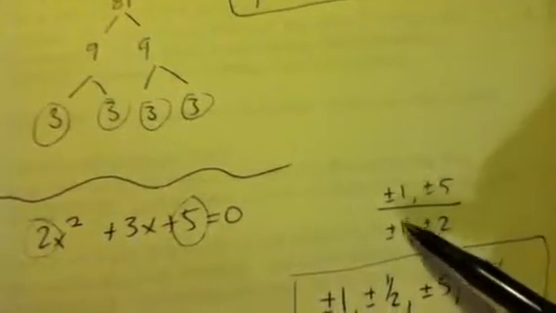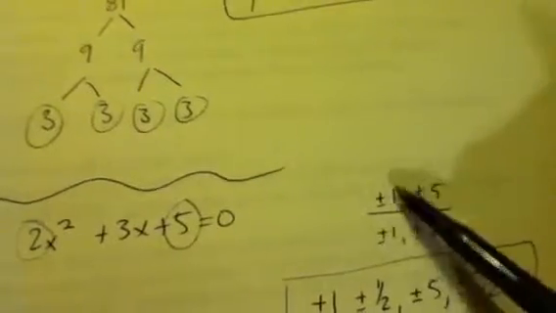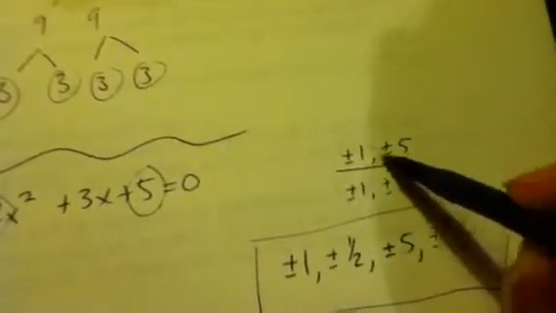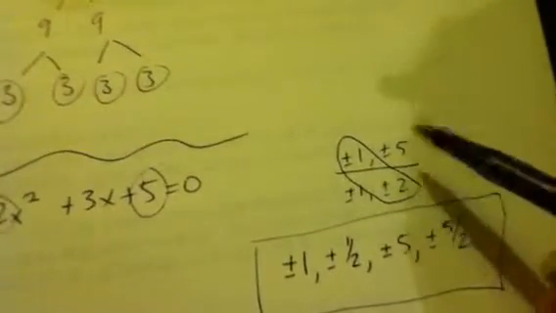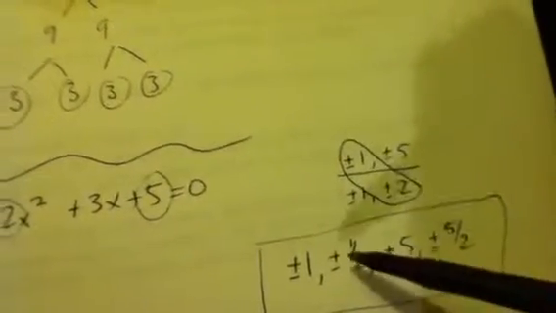So I know that any combination of these, like +1 over +1, or +1 over -1, or -1 over +1, is a candidate for going into it evenly without a remainder. So I just write that as ±1. But also any combination like +1 over +2, or -1 over -2, so we just write it like that.